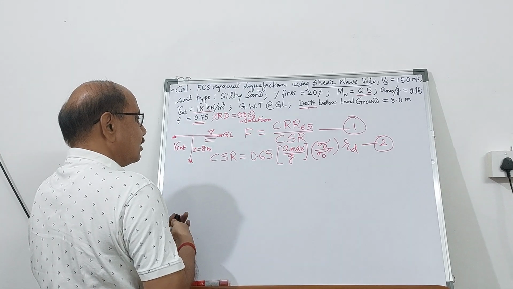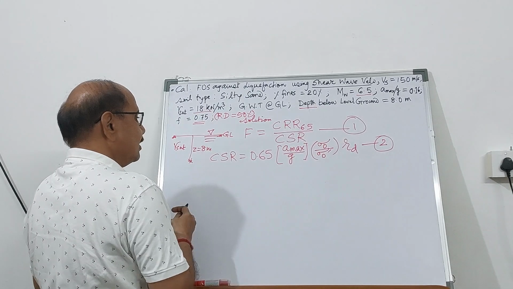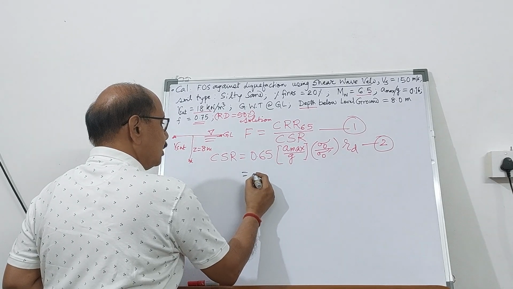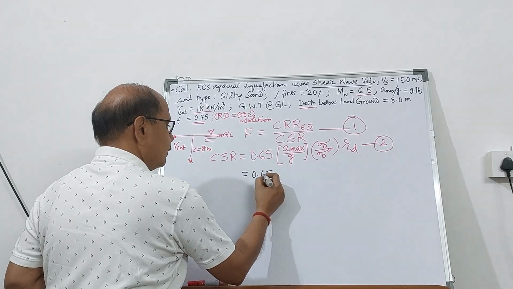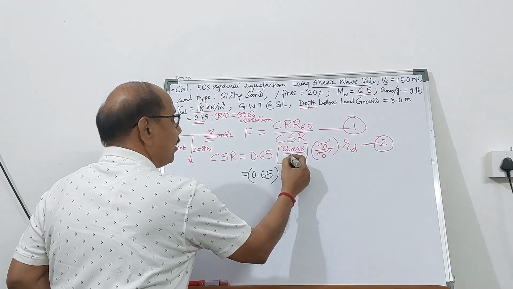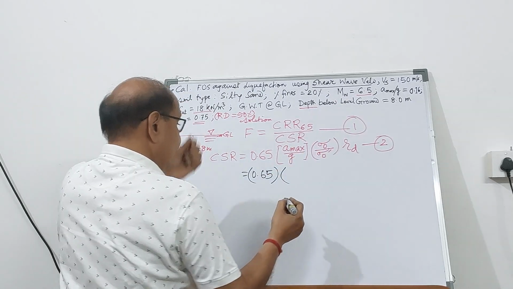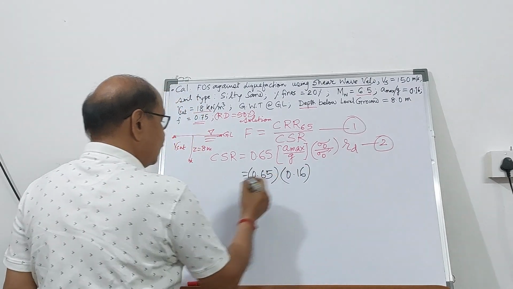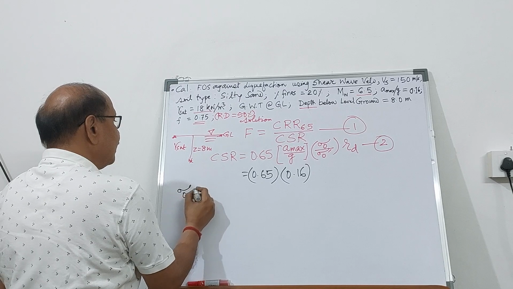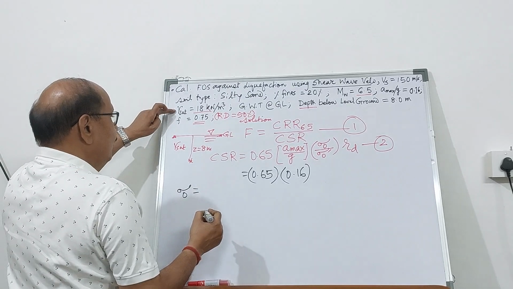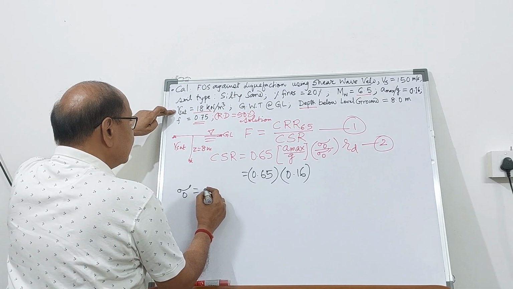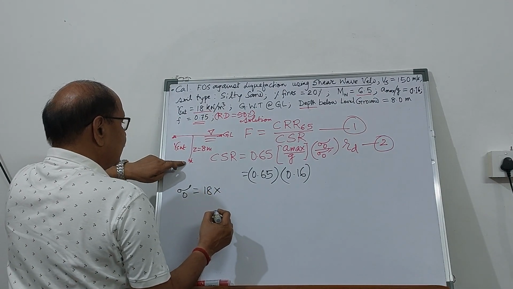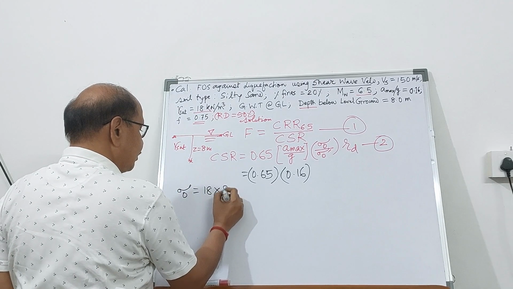So CSR, as you can see over here, depends upon this, which is already known to us. So 0.65, Amax by g is given to you as 0.16, and the total overburden pressure will depend upon the saturated unit weight, that is 18 kilonewton per cubic meter, and the depth Z is 8 meter.